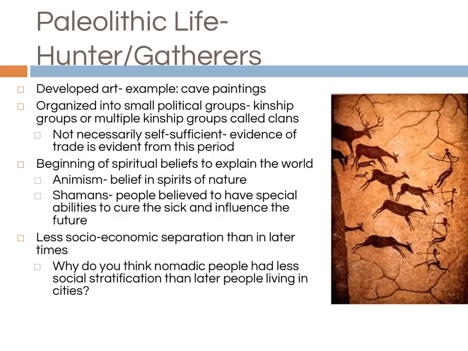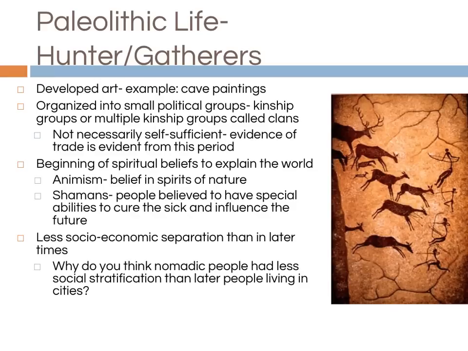A shaman is a person believed to have special abilities to cure the sick and influence the future. So sometimes we call people who believe in this shamanistic. So if you think of a term that we don't really use anymore, but like a medicine man or something like that, somebody who it's believed has special powers and rituals to cure people, sometimes tell the future, things like that.